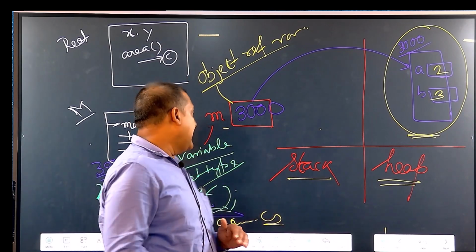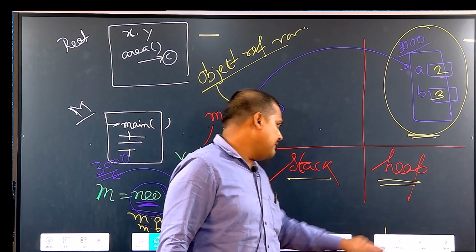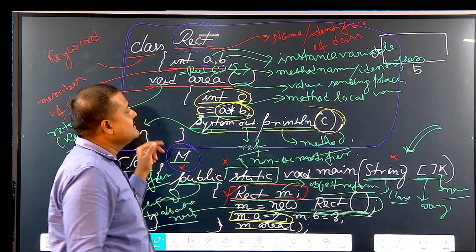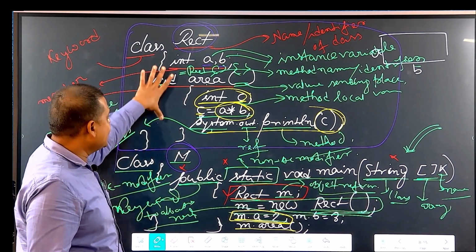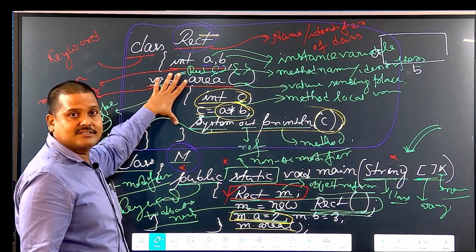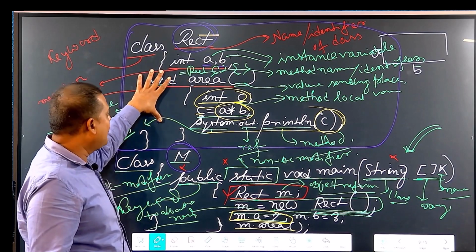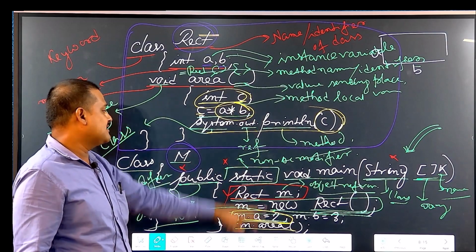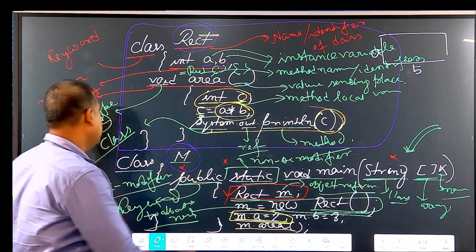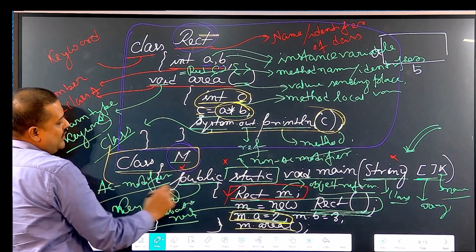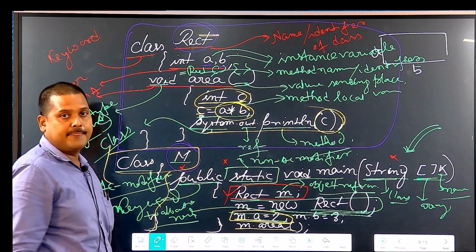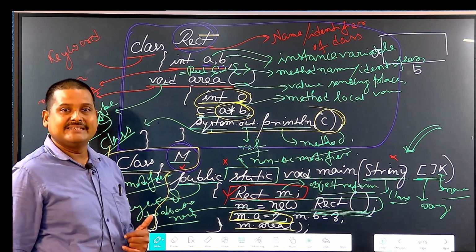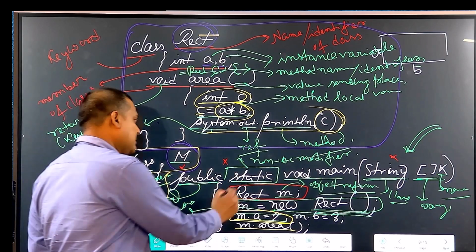And there is one question here, we will discuss this in the next class. Here, look, this is a class, we are accessing this class by the help of instantiation. This is called instantiation. We are creating an instance of this class, but for this class M, where the main method is residing, we are not creating any kind of instantiation, because it is declared as static.